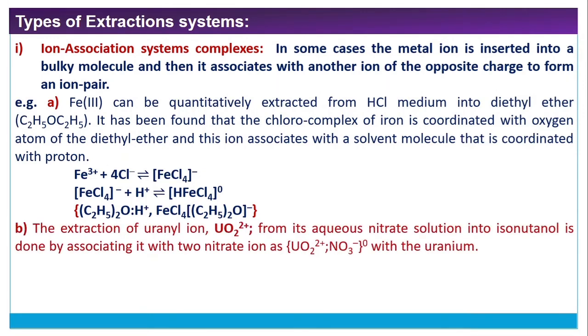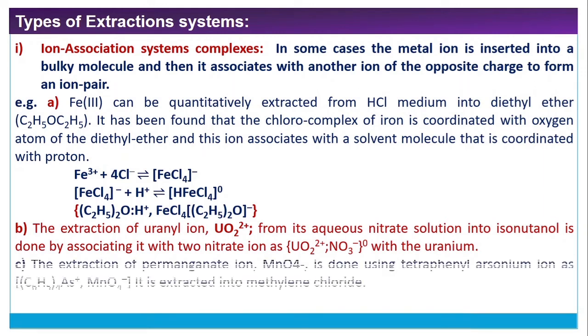This is the second example. The extraction of uranyl ion, UO2 2+, from its aqueous nitrate solution into isobutanol is done by associating it with 2 nitrate ions. This is the complex with uranium, so extraction from the aqueous nitrate solution to the organic solution will be easier.